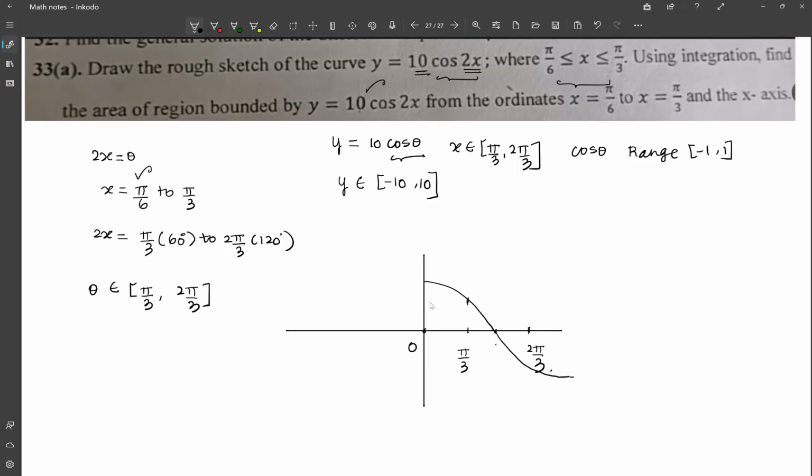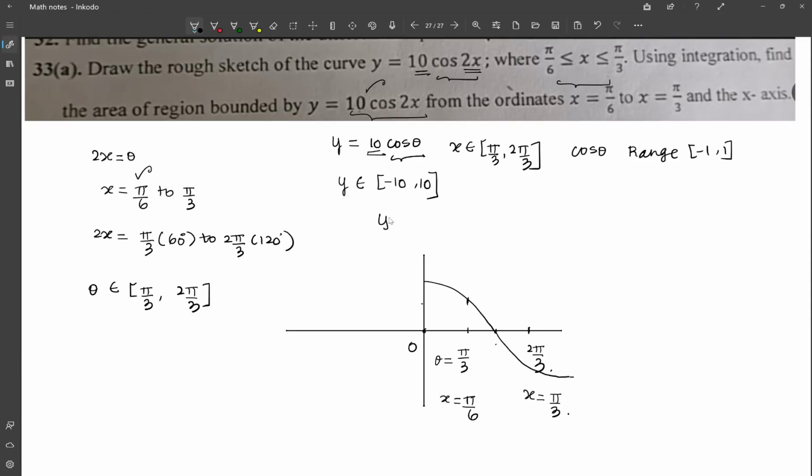And it is also said that we have to amplify the cos function by 10 times. So here, this would be 10. So when theta is pi by 3, that is x is equal to pi by 6.